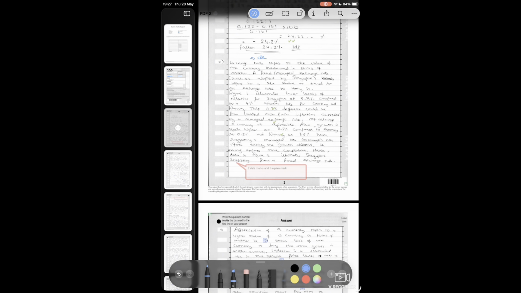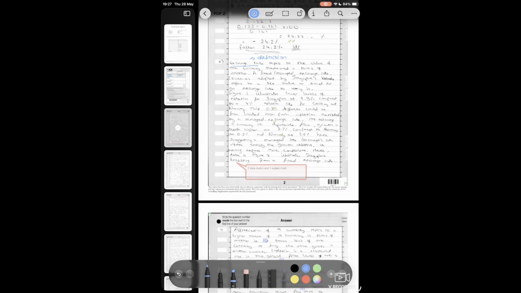So, immediately off the bat, we've got a definition right here. An exchange rate refers to the value of one currency measured in terms of another. A fixed managed exchange rate, such as adopted by Singapore, refers to a set value or band for an exchange rate to vary in.